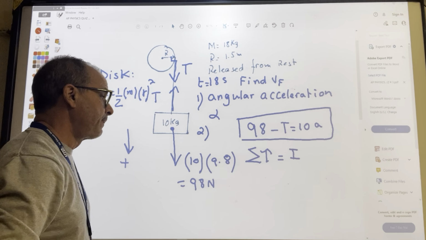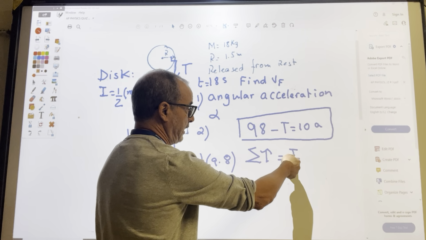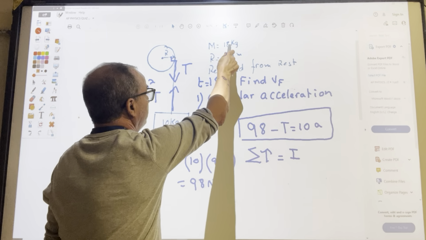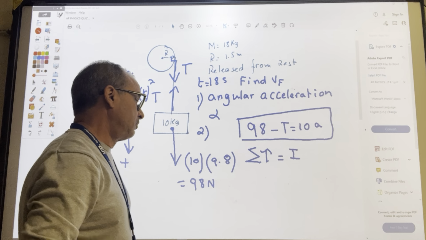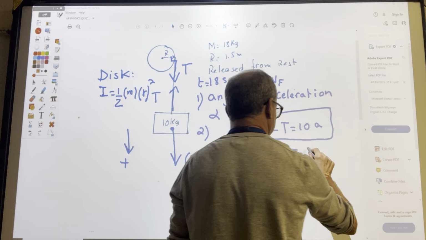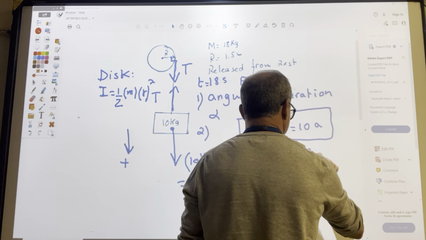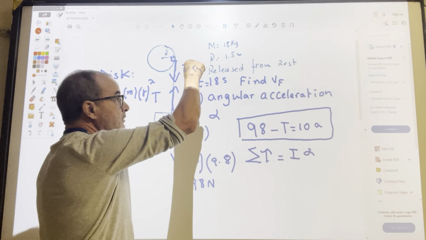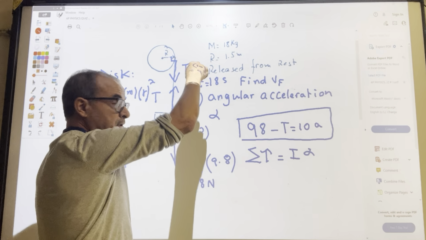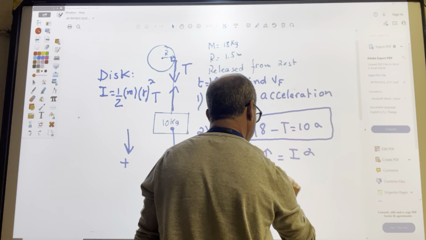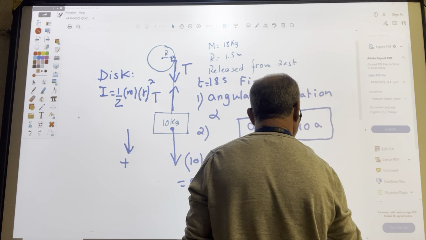So we're gonna replace that I by 1/2 mr squared, and we already know what m is and what r is. The only torque we have is 1.5 times T, the radius times tension. So we're gonna write 1.5 T equals I alpha.